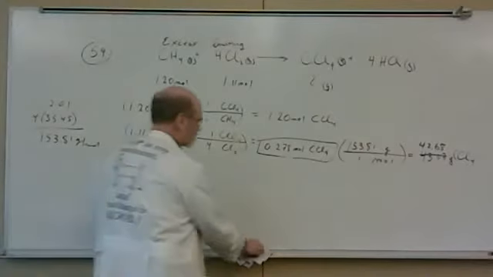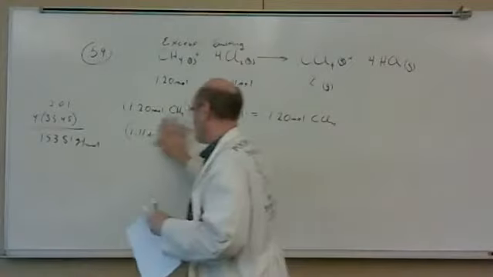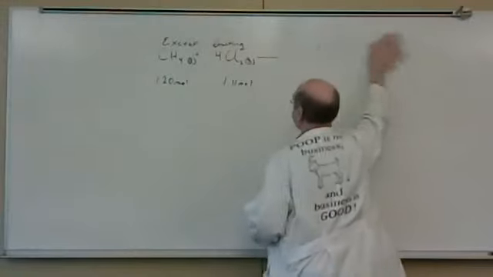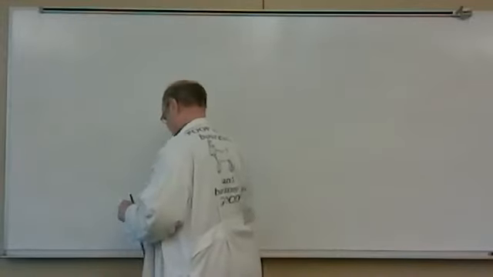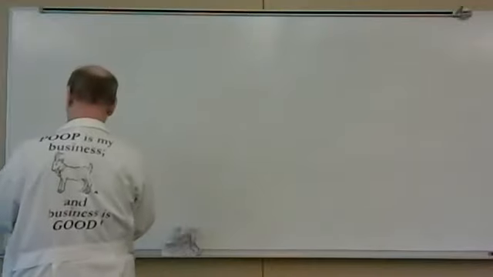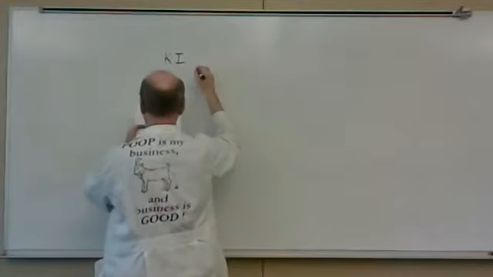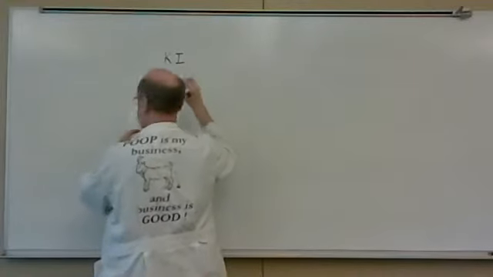Okay. Let's see how quickly we can get this done. KI plus HNO3 gives, and it would be a real chore to do it by the conventional method. I want to be consistent, so I'm going to use the redox balance method.